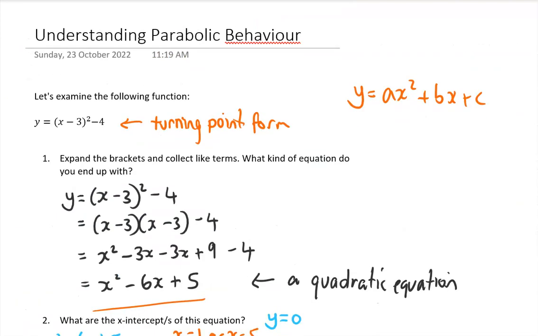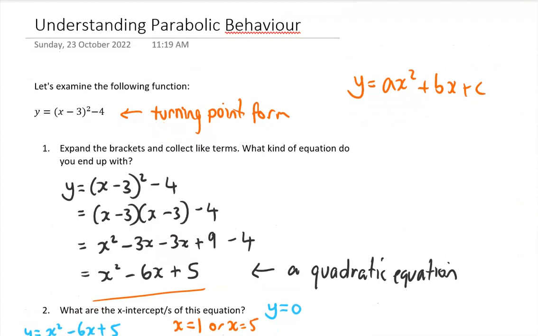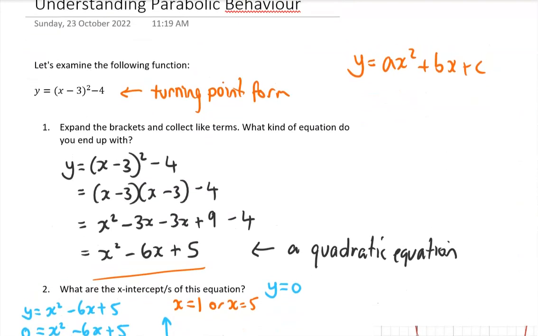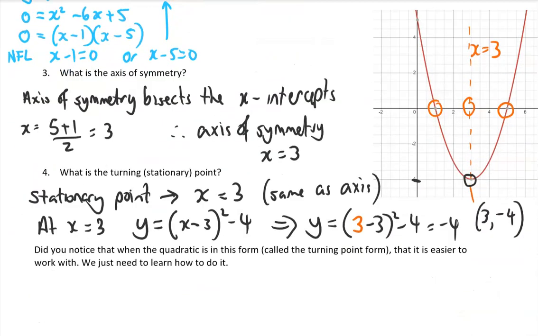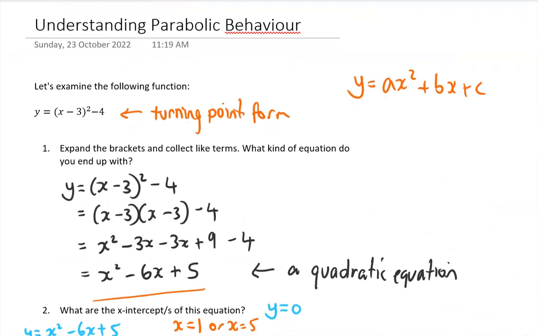So what we've looked at there is an example of where we can use our turning point form to get some information. Now, I do want you to have a good look at the turning point and the equation.